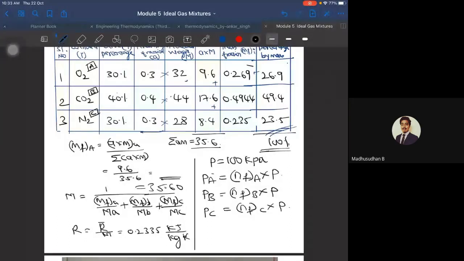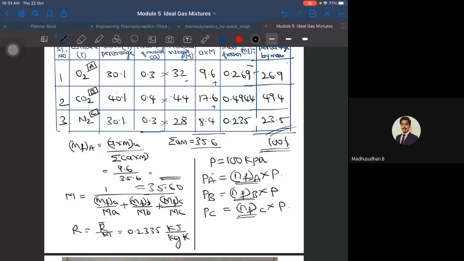You know the total pressure. Now you have to know the values of N of A, N of B, and N of C. So if you get the mole fractions of the constituents, you will get the partial pressures of the constituents. That is the funda.